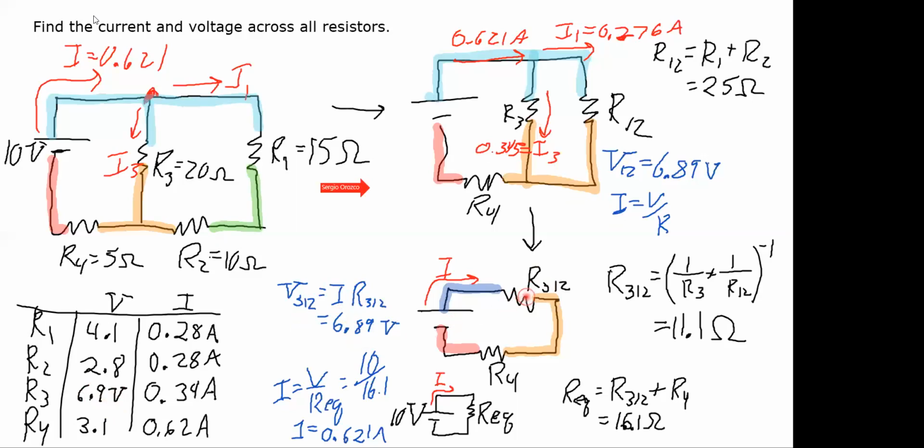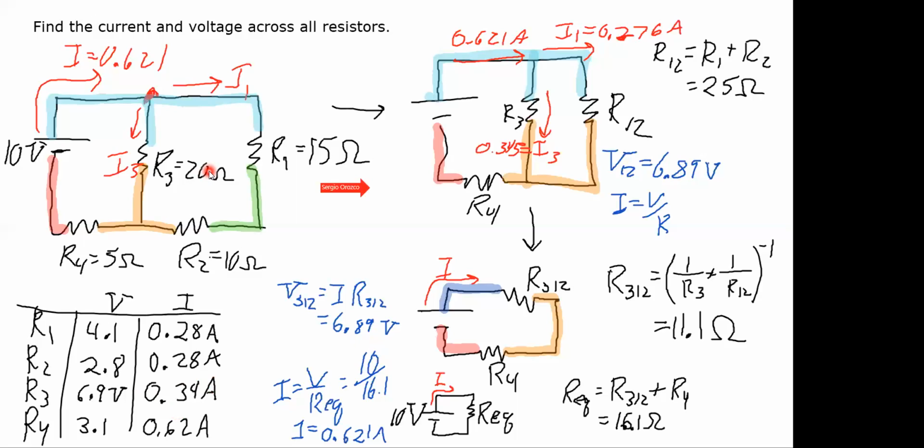Hopefully you're able to see where I got this voltage. It's just this current times resistance. My current, which I got earlier, times that R312 gives me this voltage. Once you get voltage and you know resistance, R3 is 20 ohms, you can just use Ohm's law to find current: voltage divided by resistance. So I took this 6.89, divided that by 20, and that's how I got the 0.34.